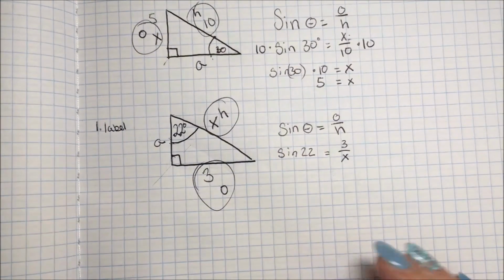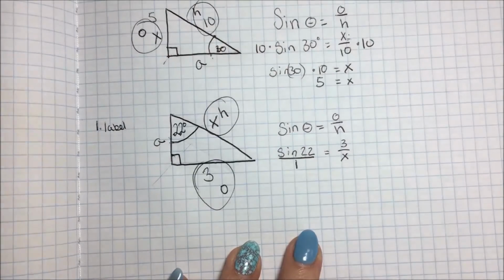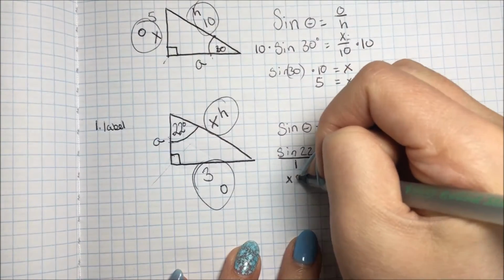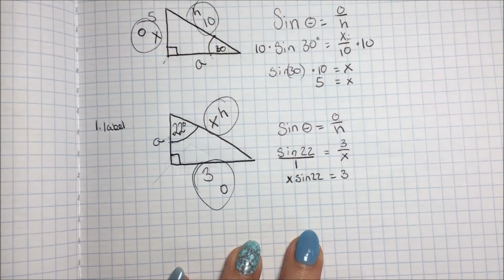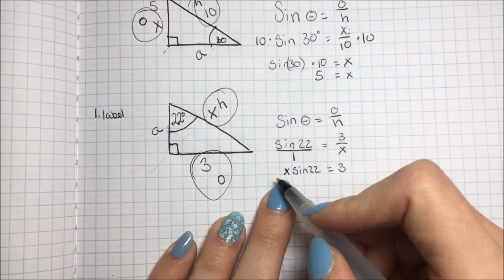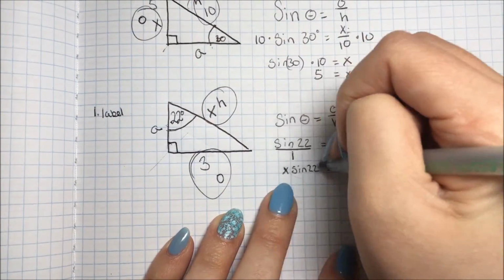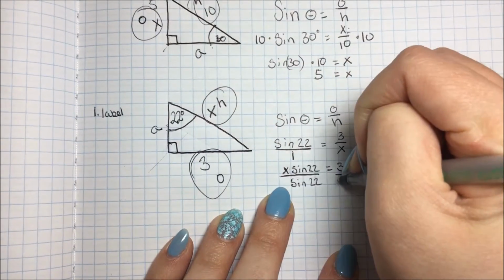That makes things kind of hard, but I know I could get x to the top if I put sine 22 over 1, and I cross multiplied. So I get x sine 22 equals 3. Now again, x is still not by itself. I'm going to treat the sine of 22 like a number. The whole part is a number, and I'm going to divide both sides by the sine of 22.